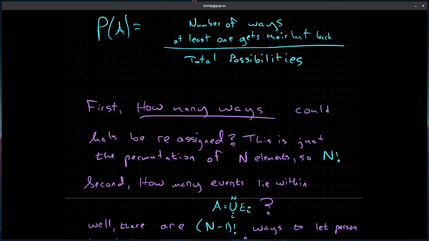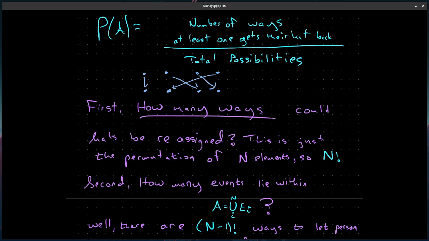If we wanted to tackle the second one, the total probabilities first, and you have people where we have some dots here. Obviously, if these hats are going to get randomly reassigned, and these are going to be hats here, this is just a question of permuting the dots.